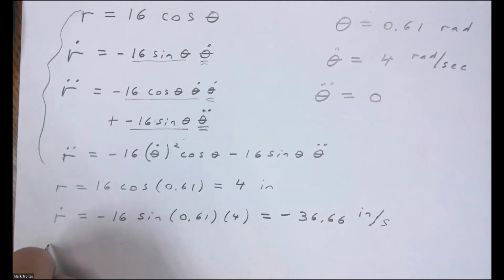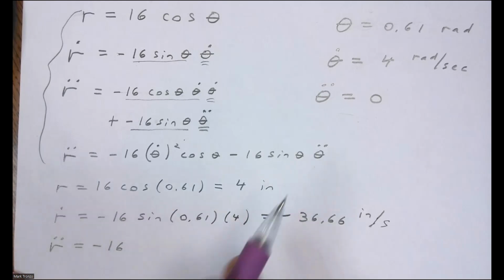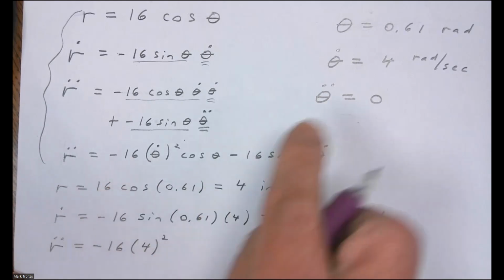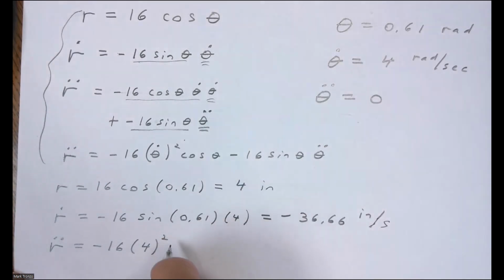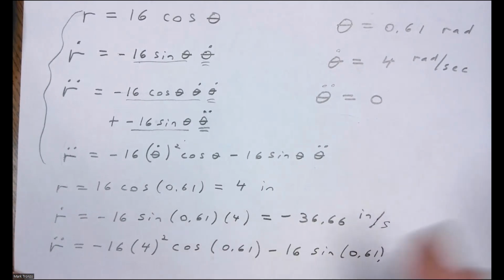Then r double dot is, like I said, I'm going to use this equation here, it's a little bit more concise. Theta dot squared, which is 4, times the cos of 0.61, minus 16 sine of 0.61.